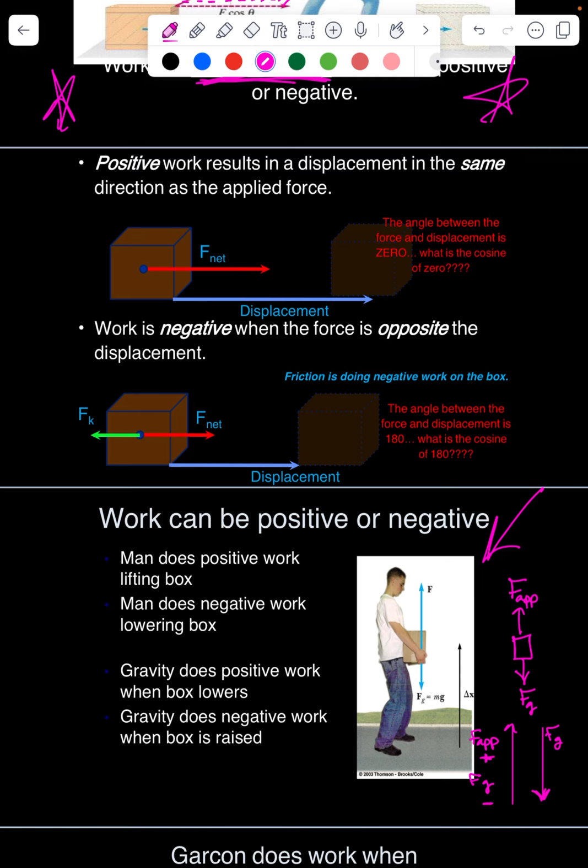And so at that point, gravity is now doing positive work, and your applied force is still going up, which is the opposite direction as the motion of the box. So the applied force is now doing negative work.